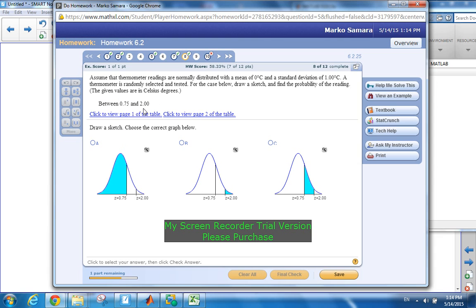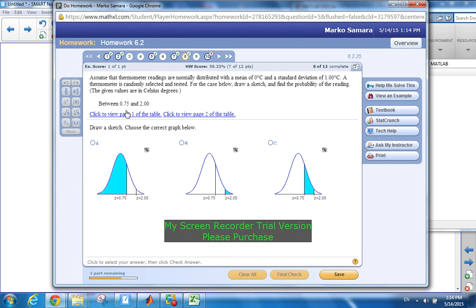We have a standard normal distribution, so the reading is standard normal, and the question is what's the probability that the reading will fall between 0.75 and 2? What region corresponds to this situation?